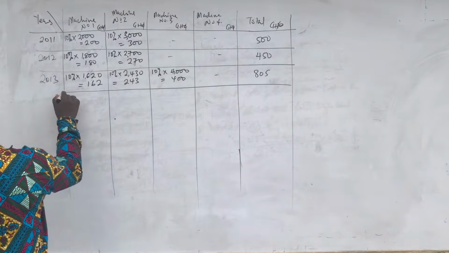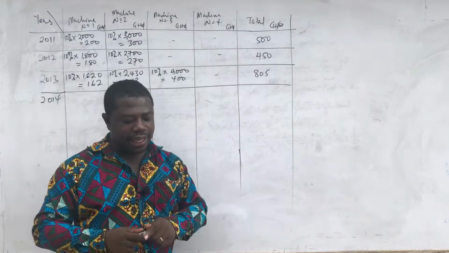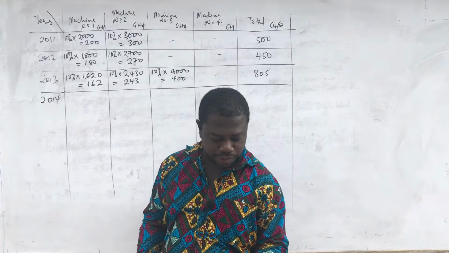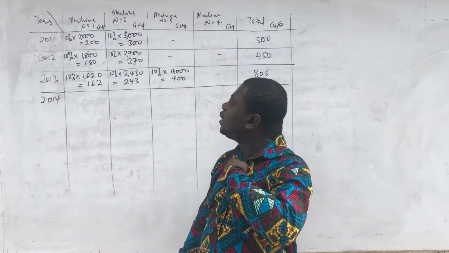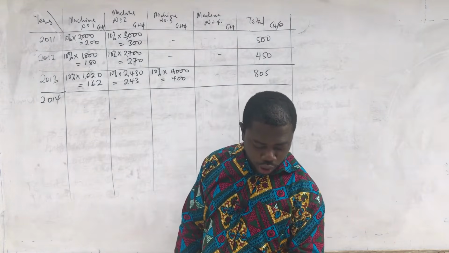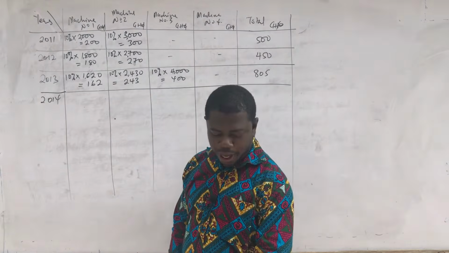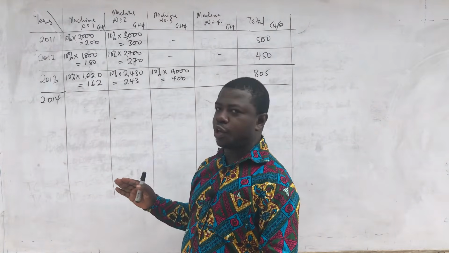And then we can look at our last year. Now, in the last year, take note of something. Machine number 1 was sold in 2014. It was sold on 1st October, meaning that it was used for about 10 months before it was sold.